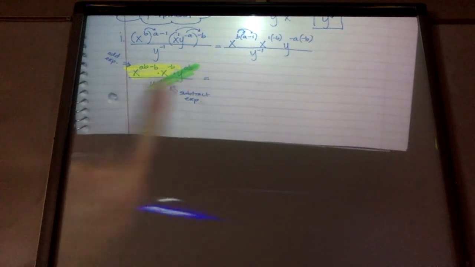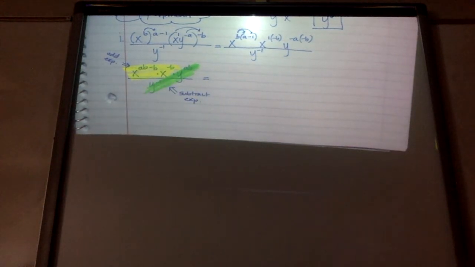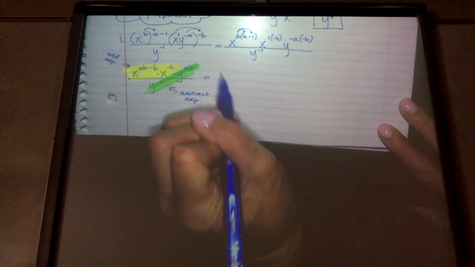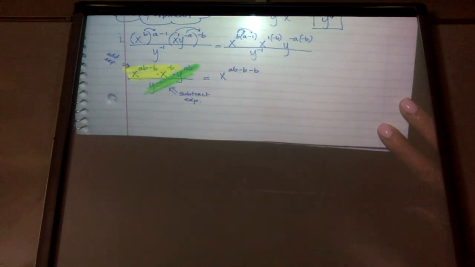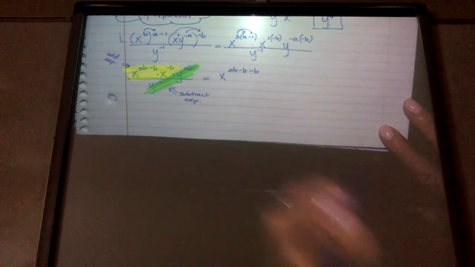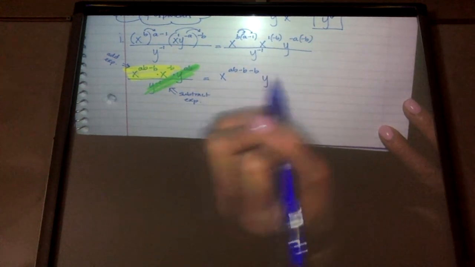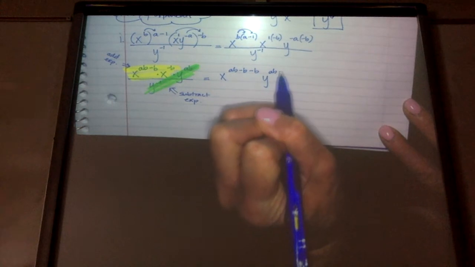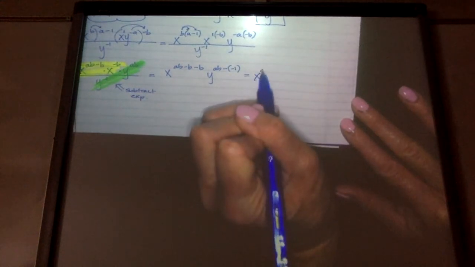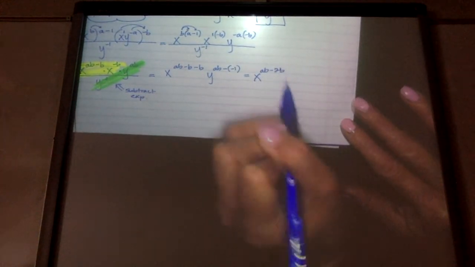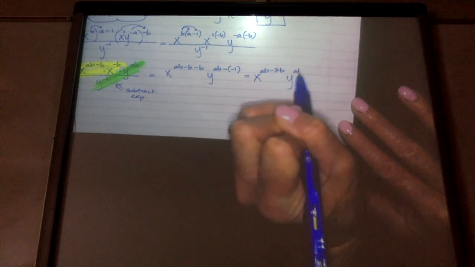And the reason I'm subtracting the green is that there's the fraction bar, which means to divide. Okay? So I'm going to combine my like terms. I have ab minus b minus b. Okay, I'm adding them. And then I have y to the ab minus negative 1. So this gives me x to the ab minus 2b and y to the ab plus 1.